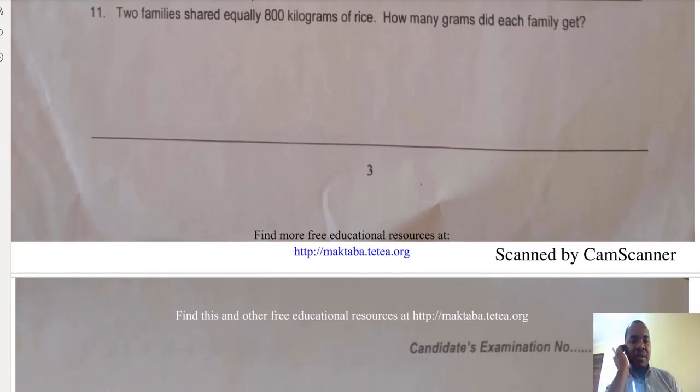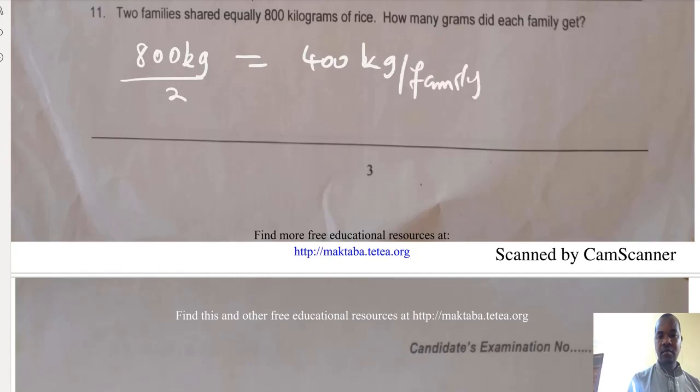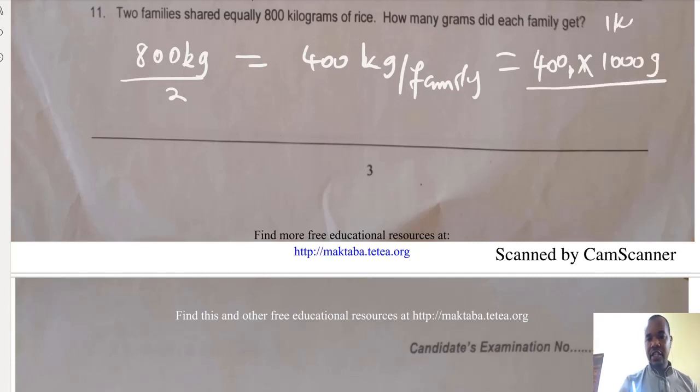Question number 11. Two families shared equally 800 kilograms of rice. How many grams did each family get? So if we are talking of two families, it means 800 kg were divided between two families, and the result is going to be 400 kg per family, which is equal to 400 times 1000 gram, because we know that 1 kg equals 1000 gram.